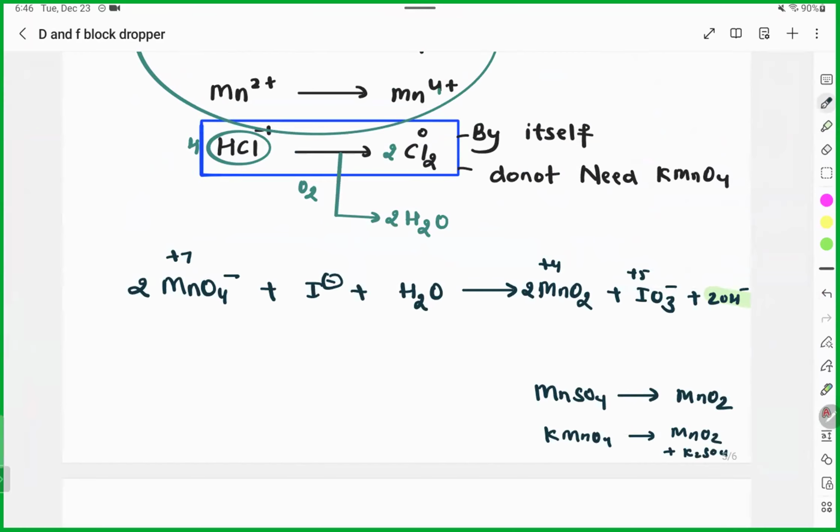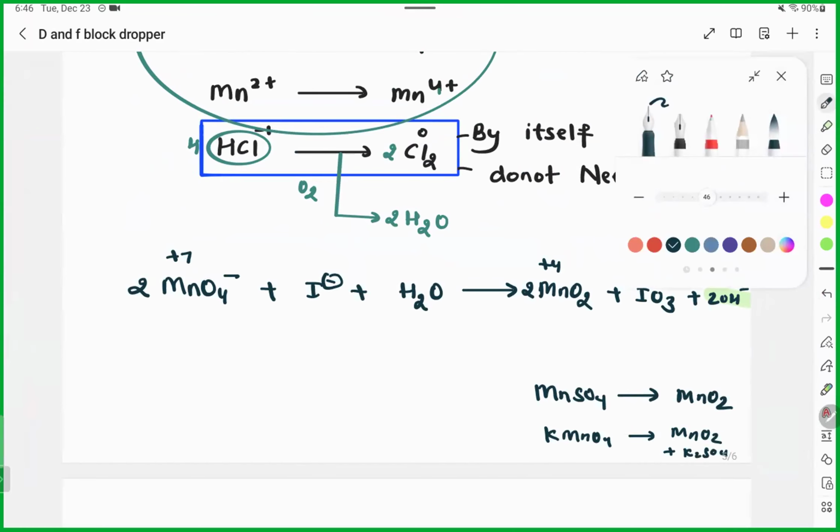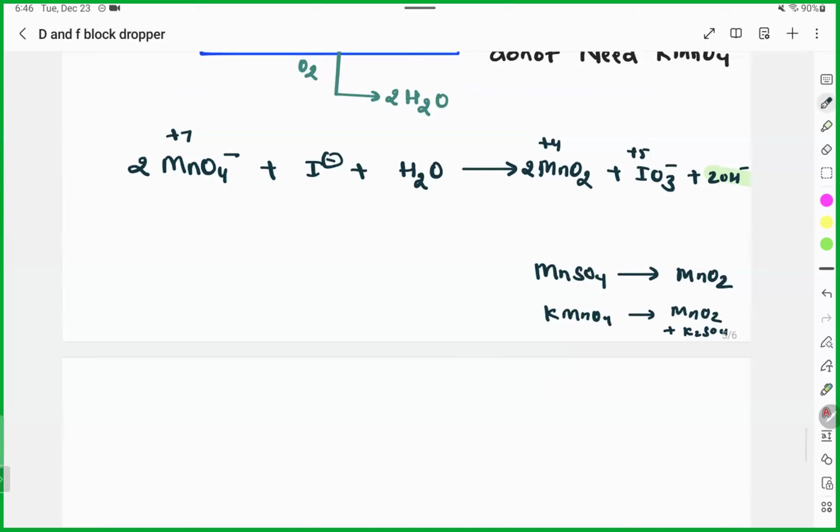right? So what is happening in this case? I will write here properly. If you take potassium permanganate, you react with the Mn2 positive, Mn2 positive in presence of the water.